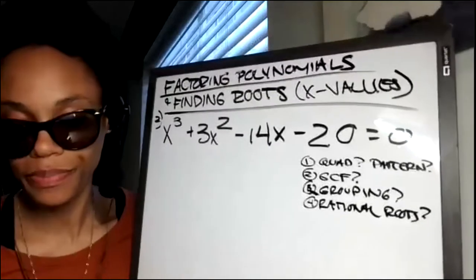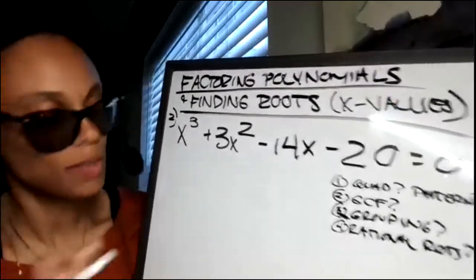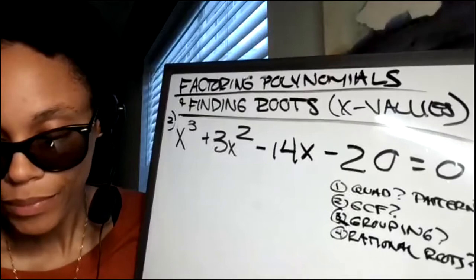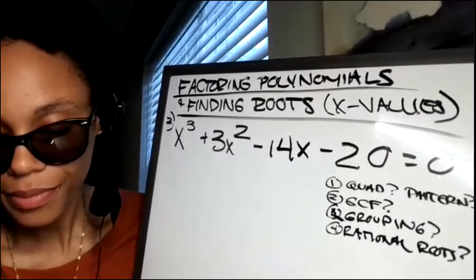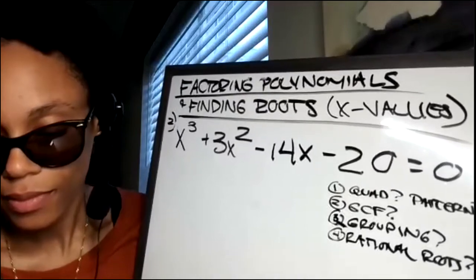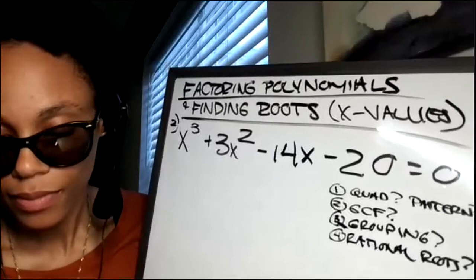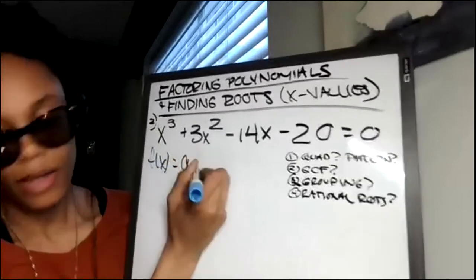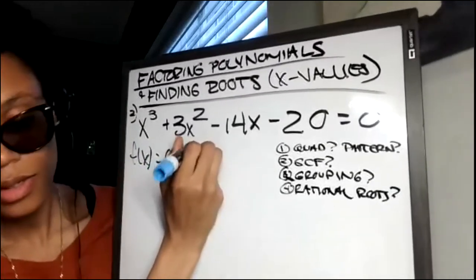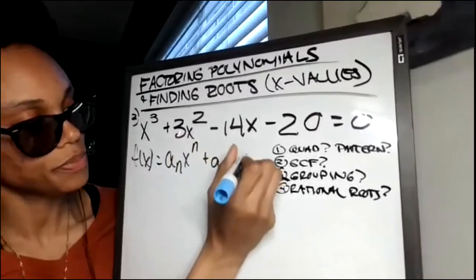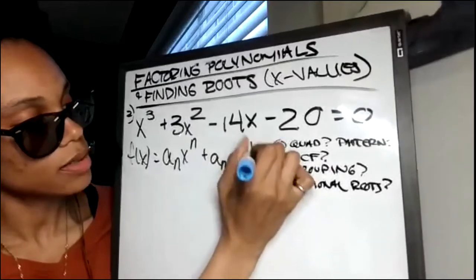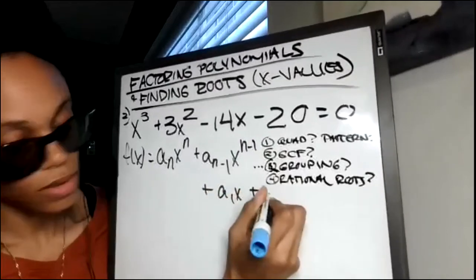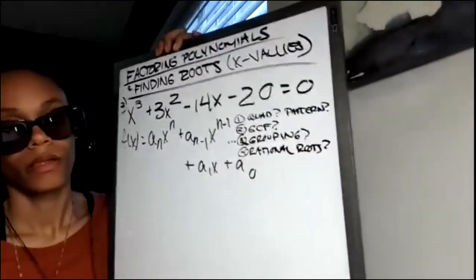In its standard form, but you guys are probably seeing it in your text, where this function equals a_n x to the n plus a_(n-1) times x to the n minus 1, dot dot dot, plus a_1 x plus a_0.